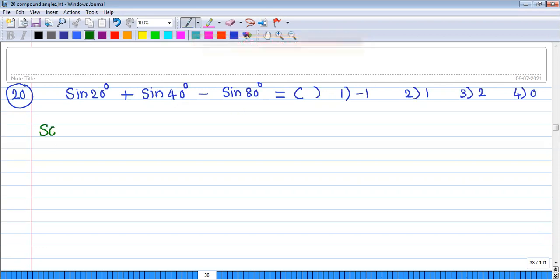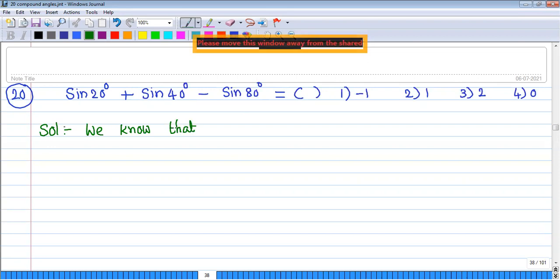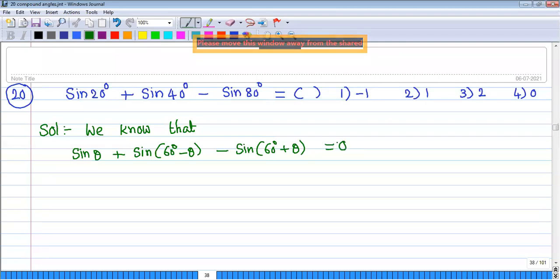Okay, my dear students, we know that already we proved sine theta plus sine 60 degrees minus theta minus sine 60 degrees plus theta equal to 0. This we have proved.